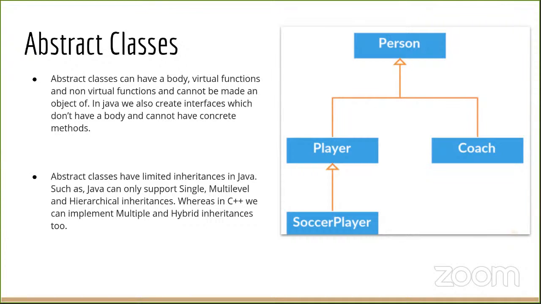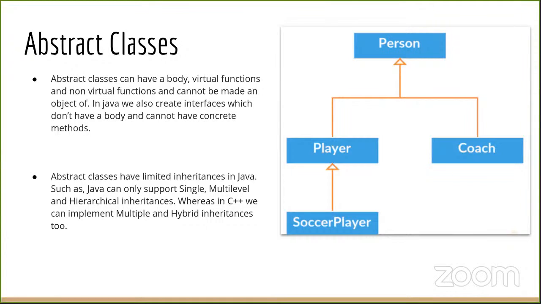Since in abstract classes we can have some implementation, right? We can have some concrete methods, we can have a body, we can have variables too, but in interfaces we have only the declaration of methods, which is generally an empty class with only pure virtual functions.